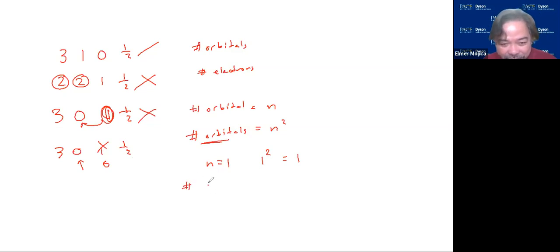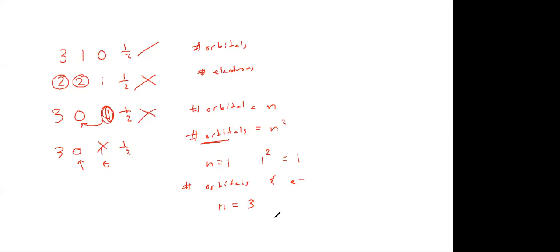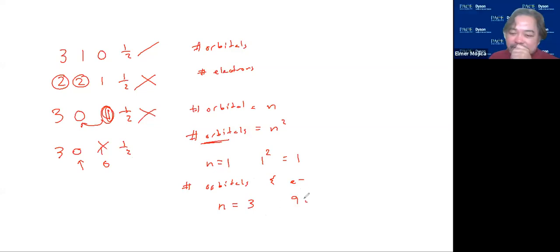How many orbitals and electrons are there when n is equal to 3? 9 orbitals and 18 electrons. So you have 9 orbitals and 18 electrons.